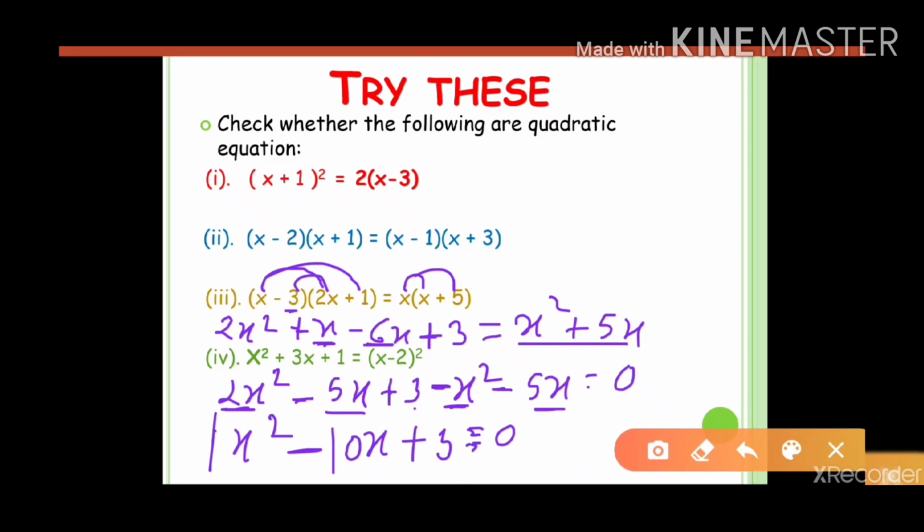Now this equation is in the form of ax squared plus bx plus c equal to 0. Therefore, this equation is a quadratic equation.